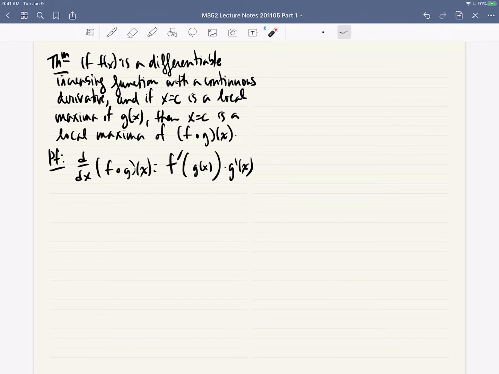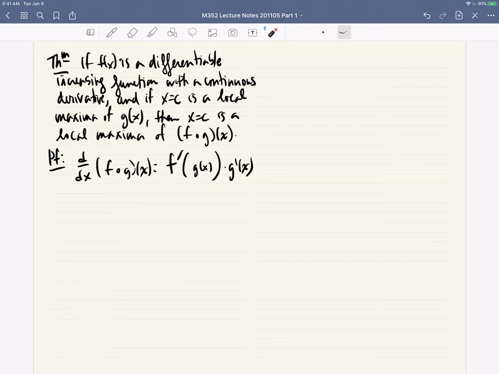But since f is increasing, f prime is positive. So a positive number times the derivative here being 0 means that, and the fact that the derivative is continuous means that if this changes a little bit, then the derivative is still going to be positive.